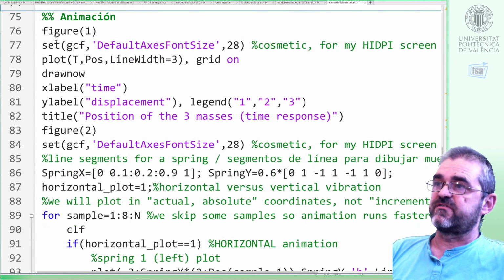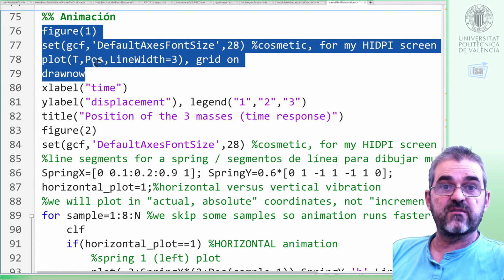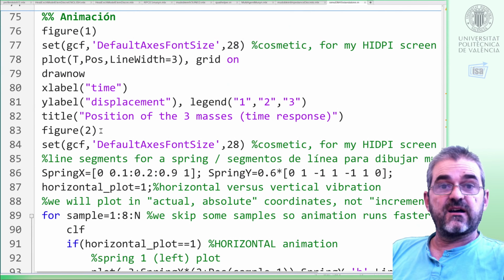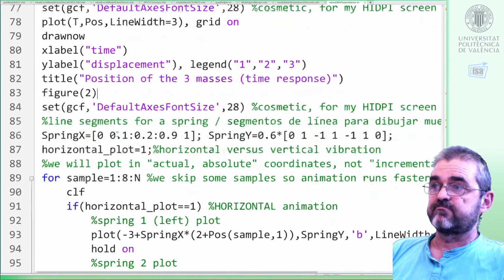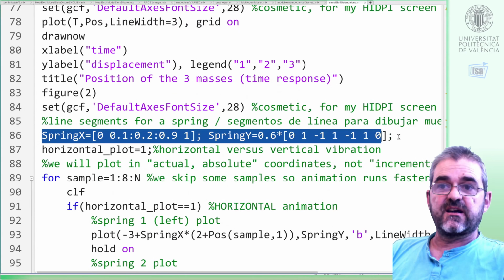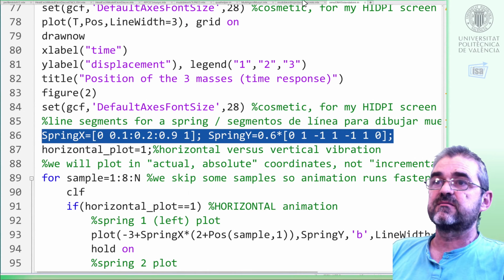So in the first figure, I plot the time response, the time and the positions with respect to time. And in figure 2, I plot the animation. Spring X and spring Y is just the plot of a set of segments that resemble a spring.